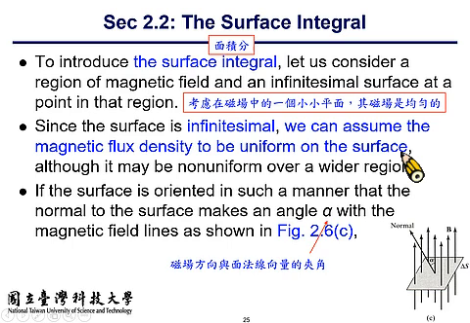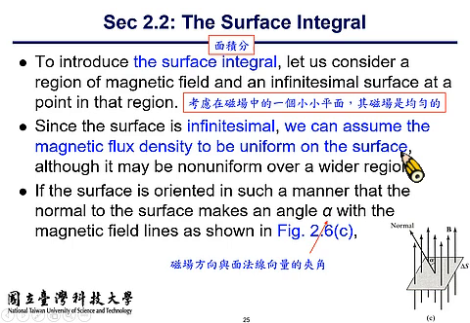One distinctive difference between the three is that differential lengths and differential surfaces are vectors, while differential volume is a scalar. So when we carry out the surface integral, the vector nature of this differential surface does matter.